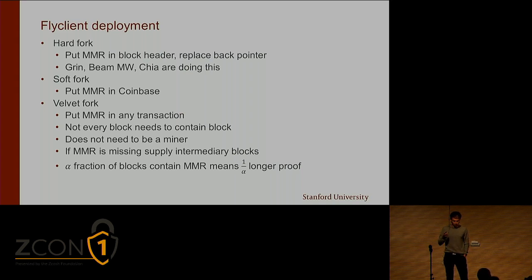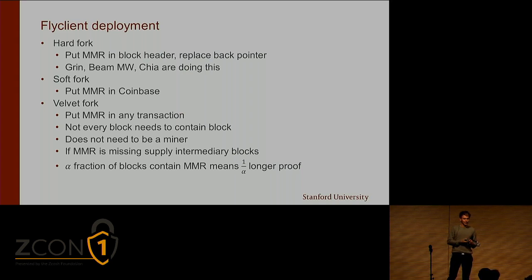Or the third idea is something really nice, which came out of the original Nepopau paper, which is the so-called velvet fork, which basically says you don't need to fork at all. You just need some nice person who periodically commits to the MMR in a transaction.